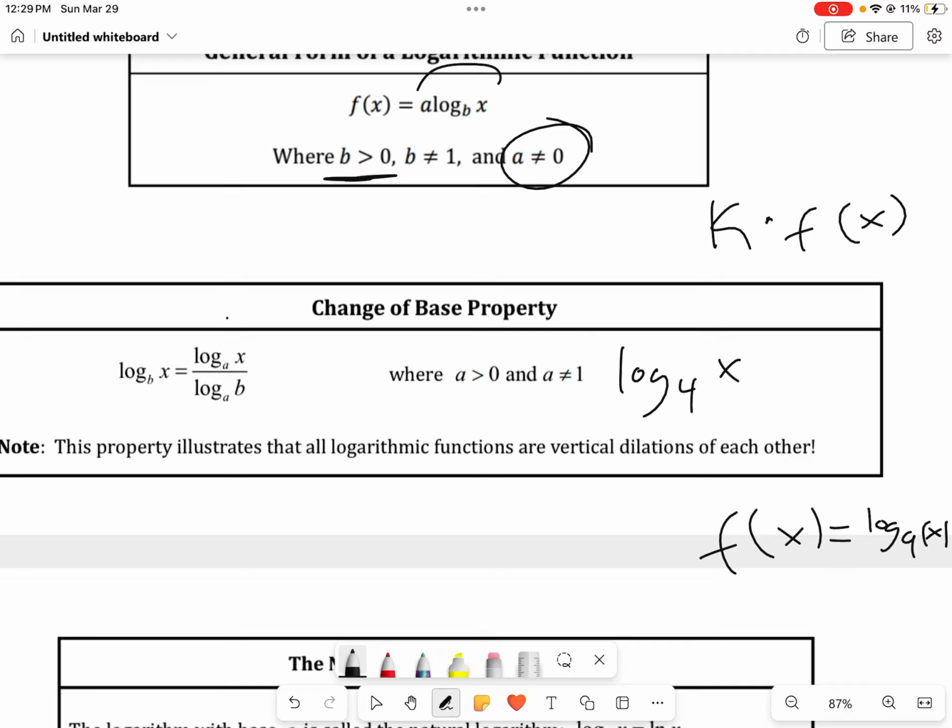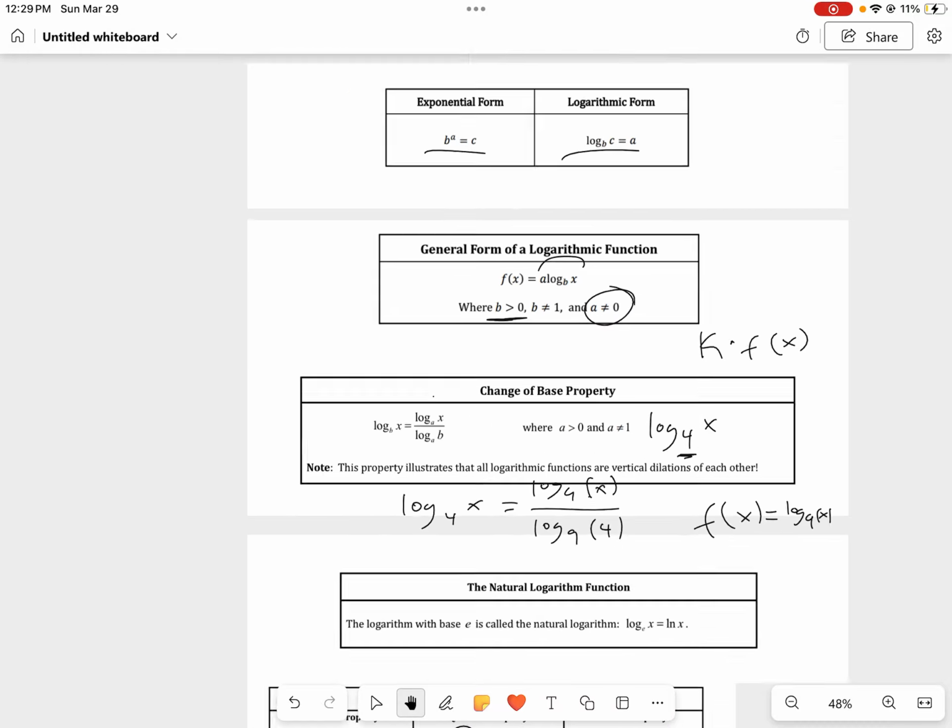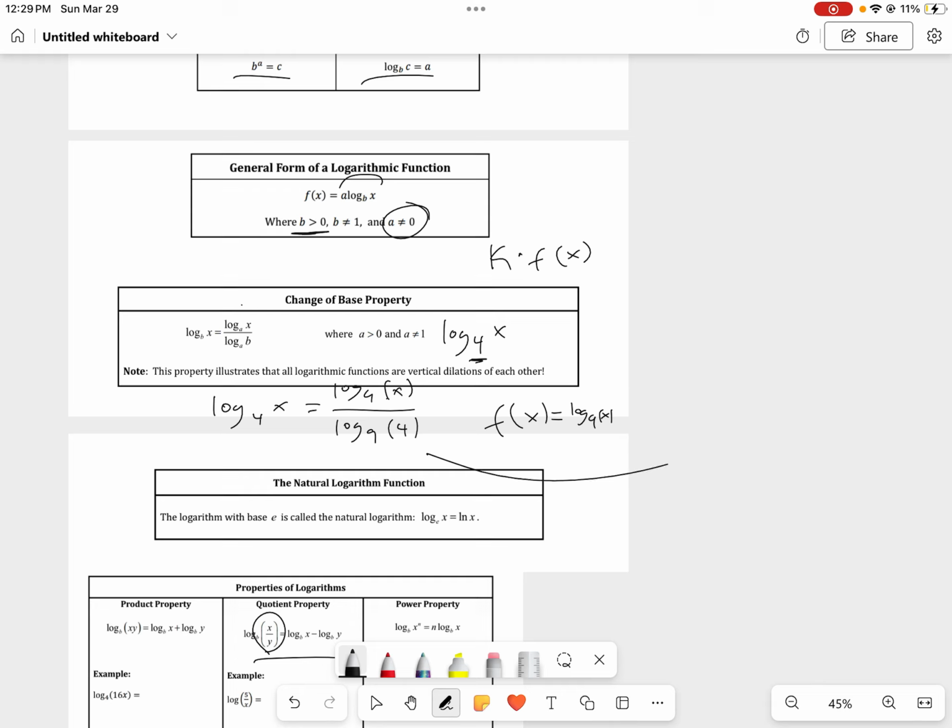Okay, so what we can do is, like I said here, this is our original base, so if we plug that back in, we have log of 4x, our original expression, is equal to log of the new base, which is 9, of x, over log 9 of 4. Now, let's move this over here.